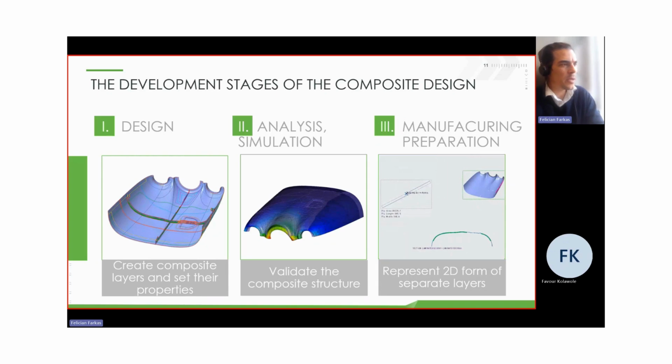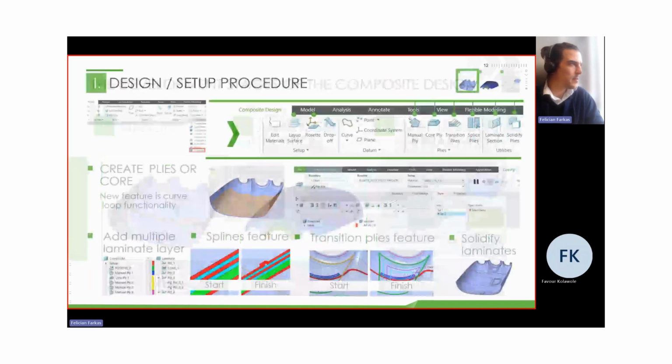We're going to see how we create a 2D version of the composites with the parameters, either a DXF flatten export, or the drawing playbook, which is a brilliant tool. Let's see it in more detail in the next slides.